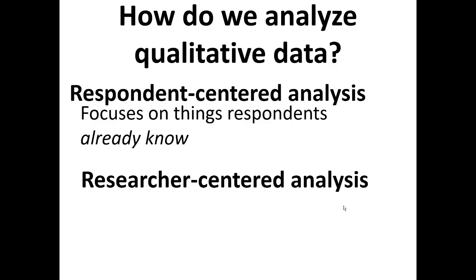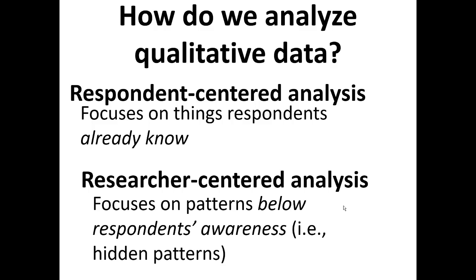The other approach that he identifies is called researcher-centered analysis. With researcher-centered analysis, this focuses on patterns that are really below the respondent's level of awareness. So these are hidden patterns.